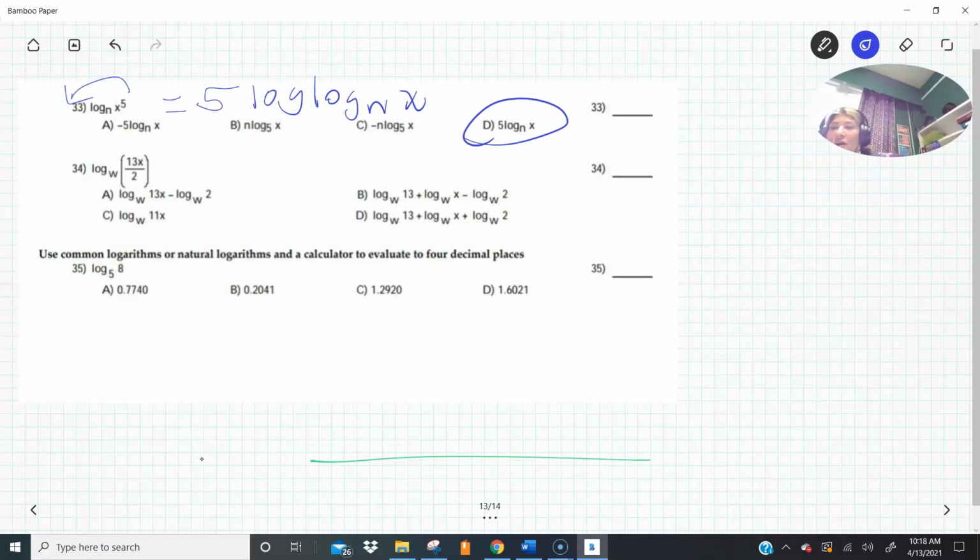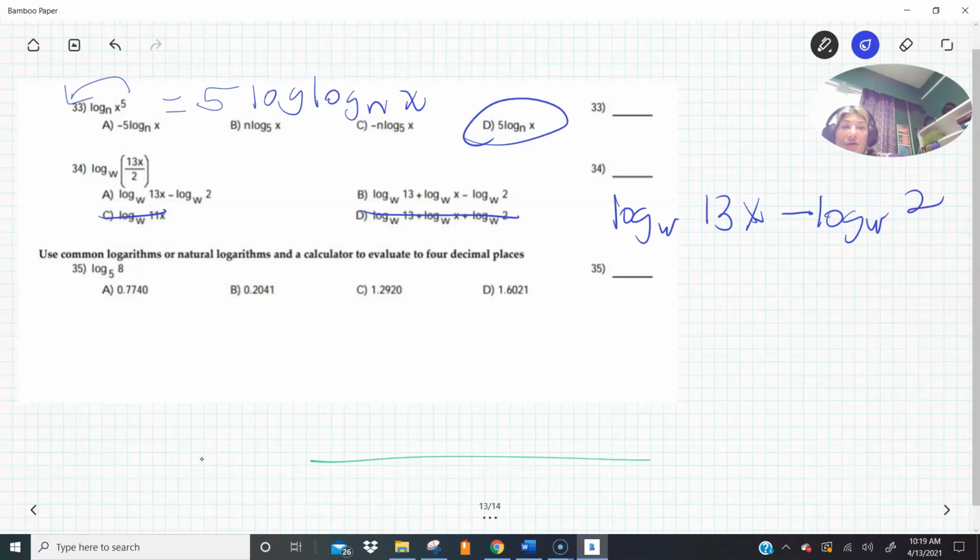34, this is a quotient. To expand it, it becomes a subtraction. So the answer cannot be C, and the answer cannot be D. Which one is it? This is log base W of 13x minus log base W of 2.